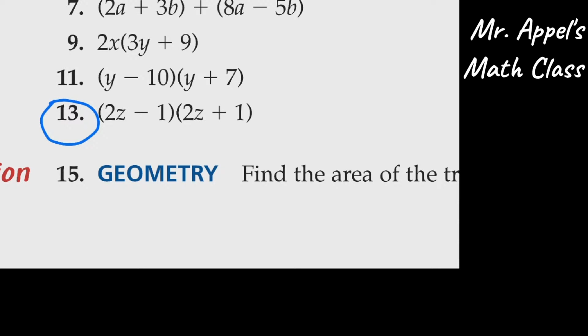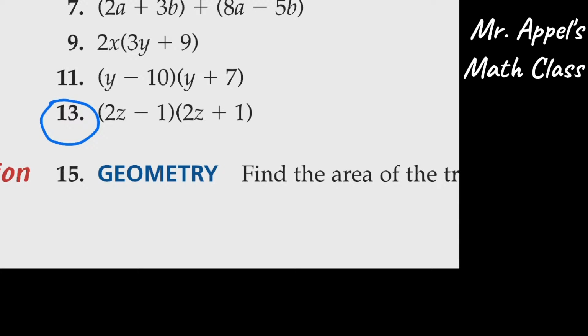Notice this is where it really becomes important to start thinking, this is not minus 1. This is not 2z minus 1. How should your brain interpret that? What would be a better way than saying 2z minus 1? Negative 1.